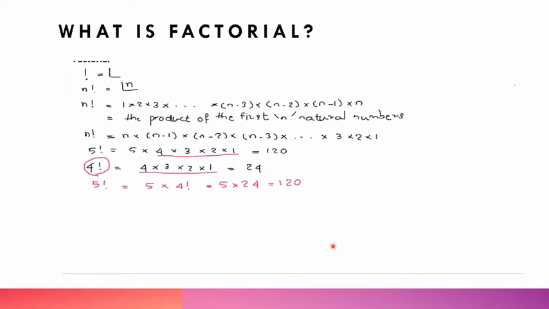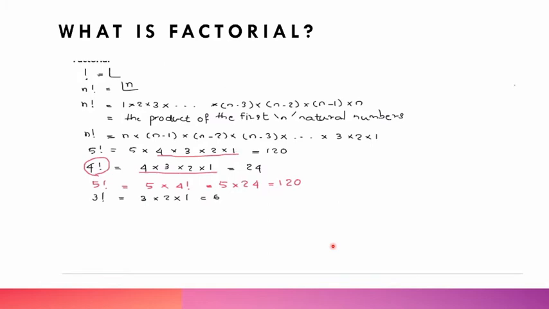The next one, 3 factorial equals 3 times 2 times 1 equals 6.